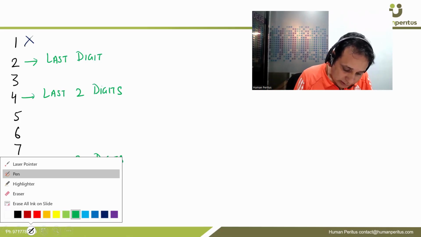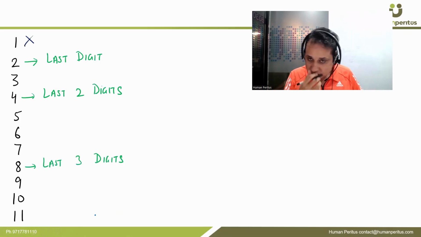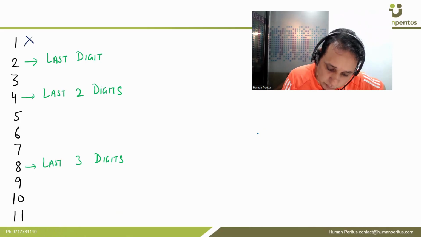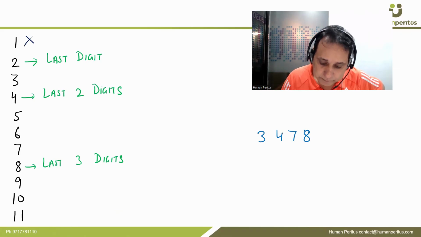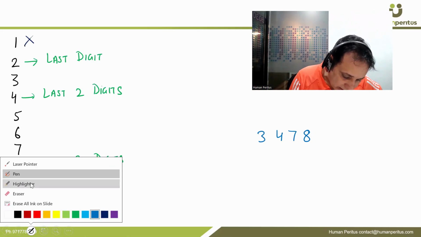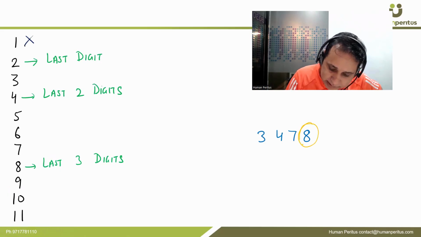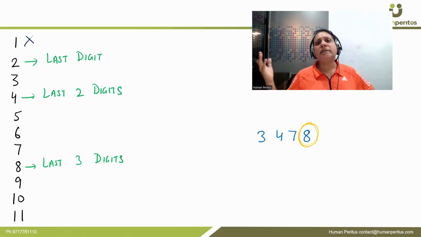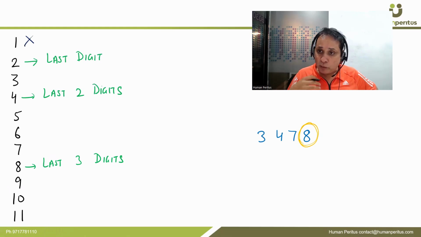Okay. So guys, let me take some example. I have got the number 3478. Is this divisible by 2 or not? Yes. Why? Because I'll just look at my last digit, and if the last digit is divisible by 2, then yes, it is divisible. What about 4?